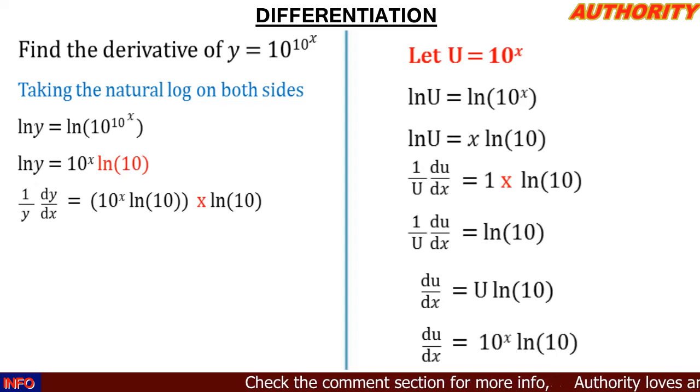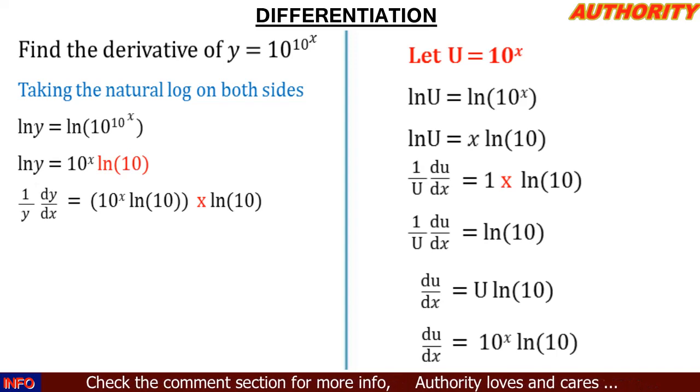So here we have 10 raised to power x ln 10 multiplied by ln 10, plus, when we find the derivative of ln 10, it is 0, then multiply by 10 raised to power x, 0. Because ln 10 is just a number, a constant, and the derivative of a constant is 0.